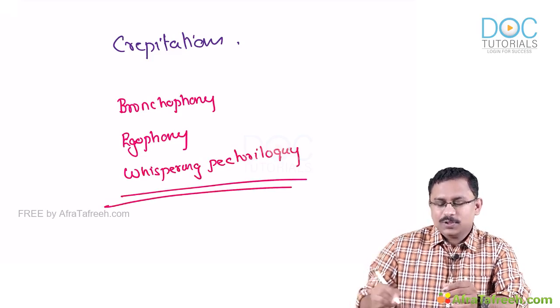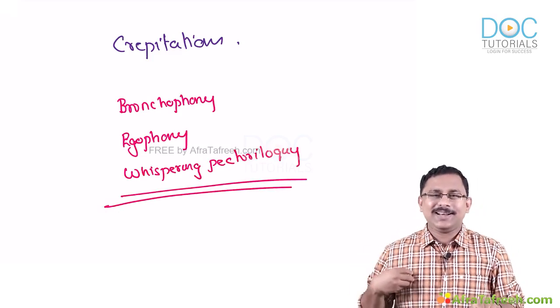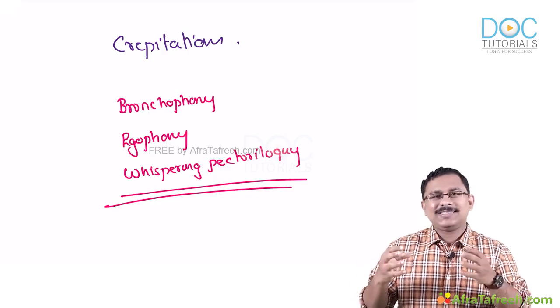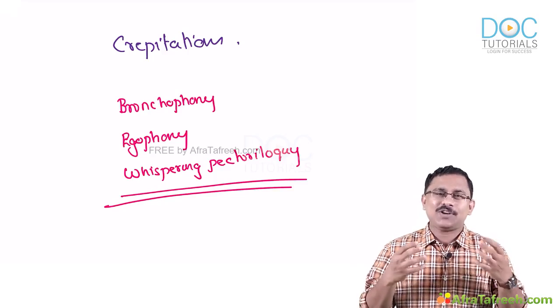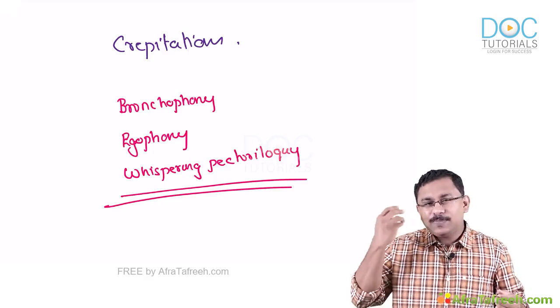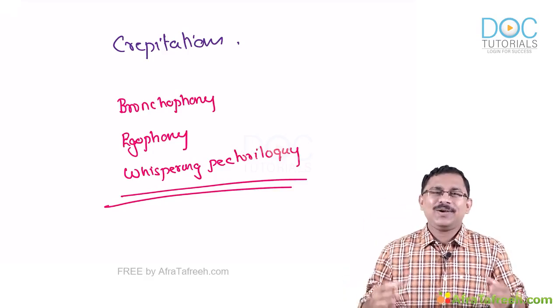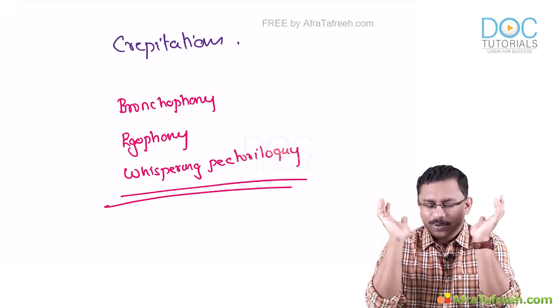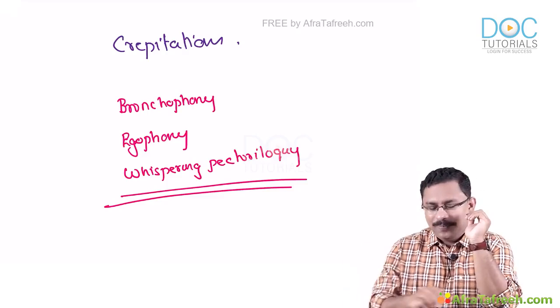Whispering pectoriloquy means you're auscultating and you're asking the patient to whisper. And just because this lung parenchyma is very much solidified, even that whisper you will be able to hear better. Because I told you a solid lung parenchyma will conduct better. That is your whispering pectoriloquy.